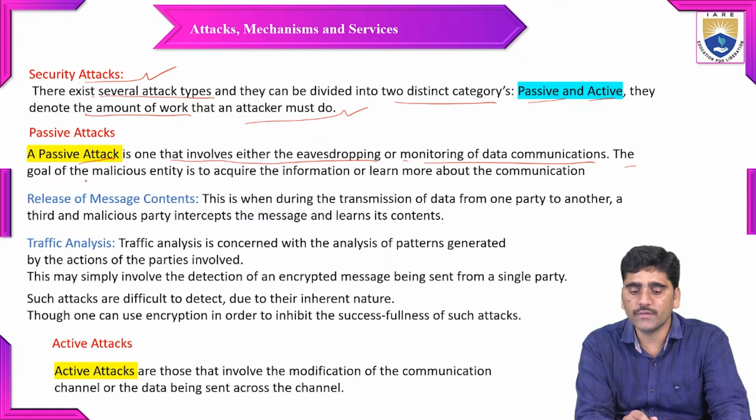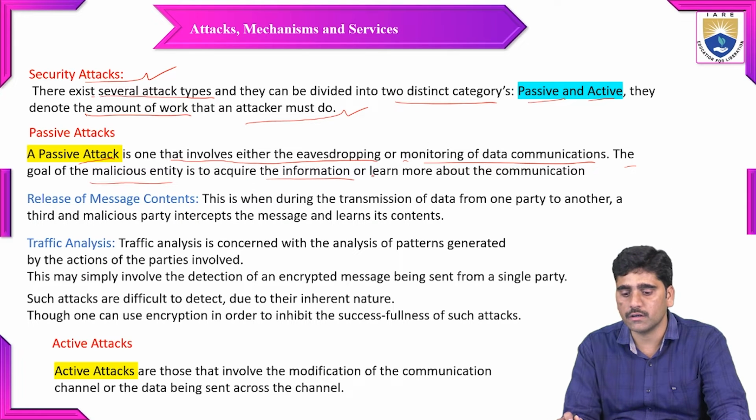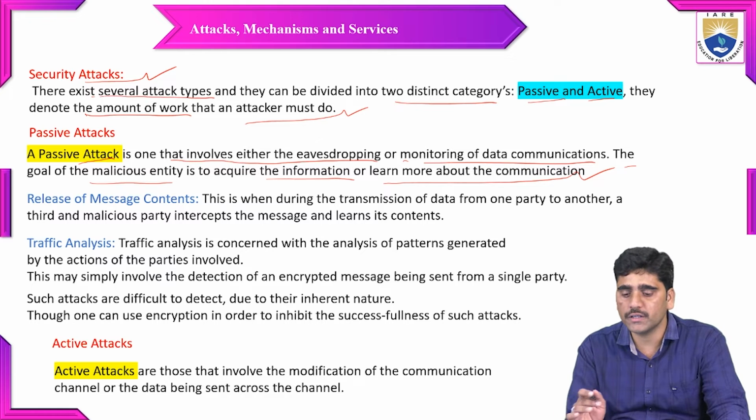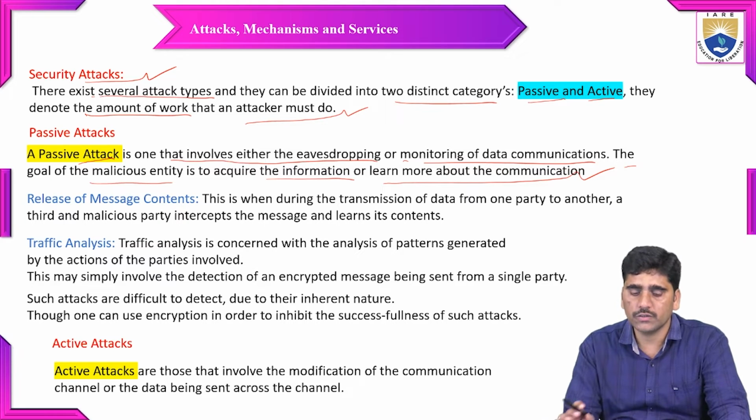The goal of the malicious entity is to acquire information or learn more about the communication channel. He is just sitting and watching how the information flows, so there is no need to disturb the data.